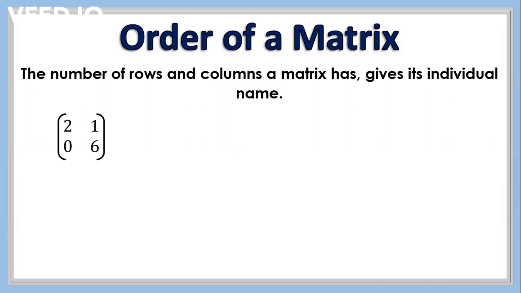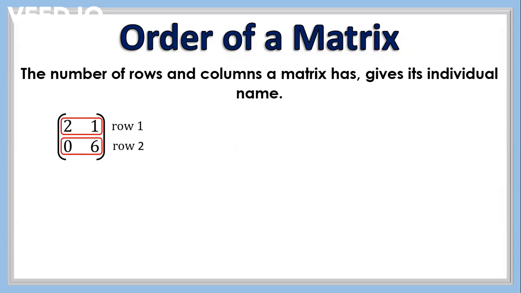These are referred to as members of the matrix. 2 and 1 form the first row. 0 and 6 are members of the second row.